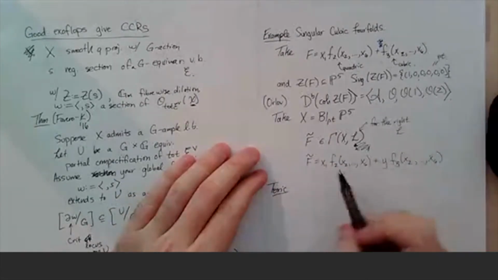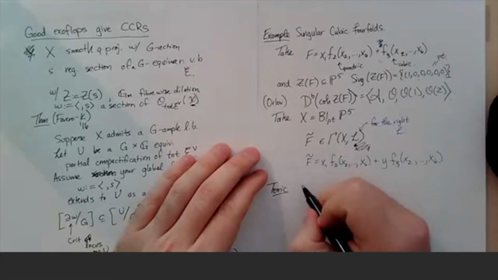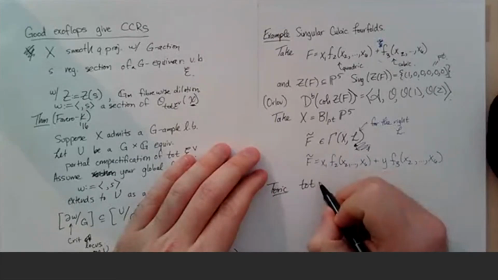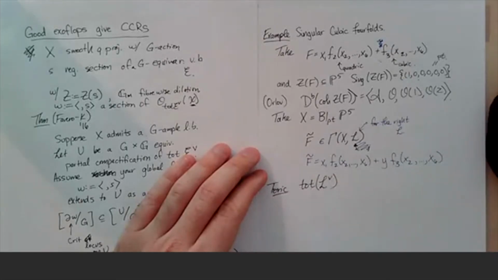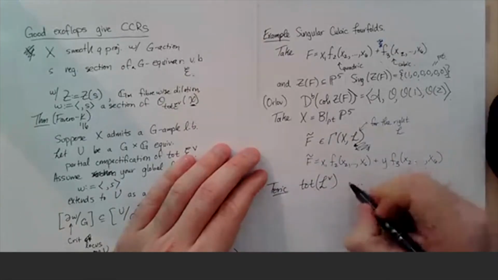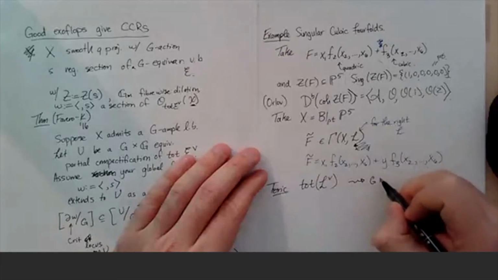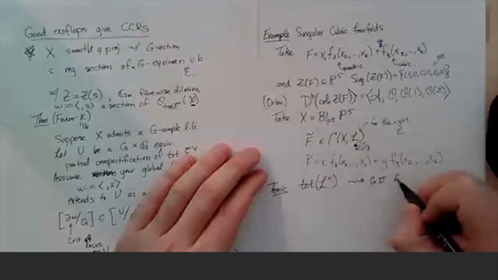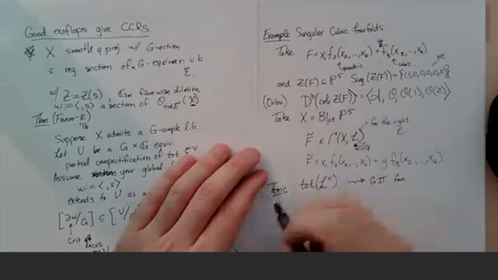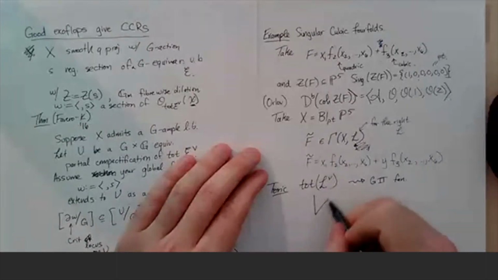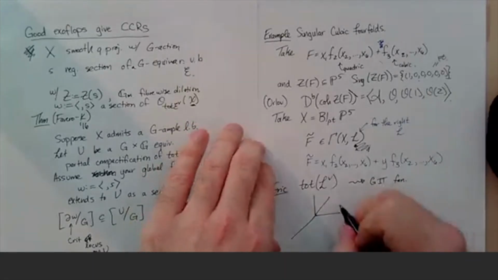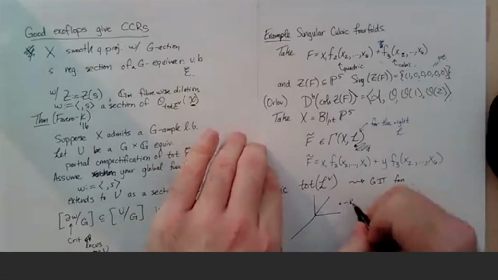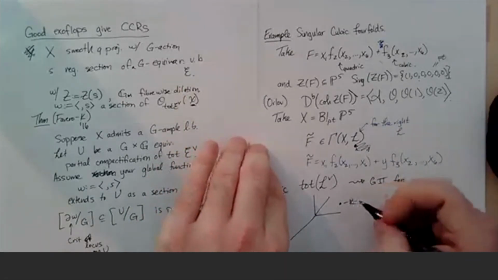Okay, so torically, if we look at the total space of L dual, what we get is some GIT fan. And what it looks like is it's two-dimensional. It looks like this. Okay. And we have some minus k here. That's where the canonical bundle ends up.